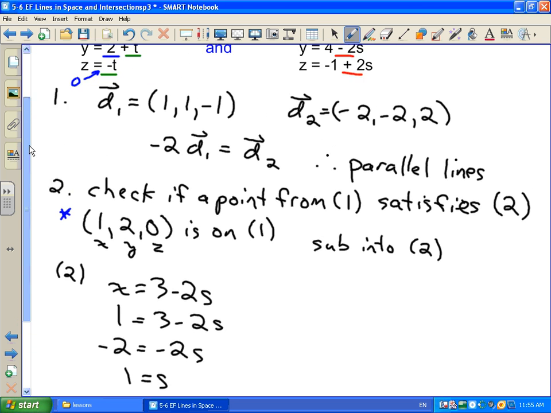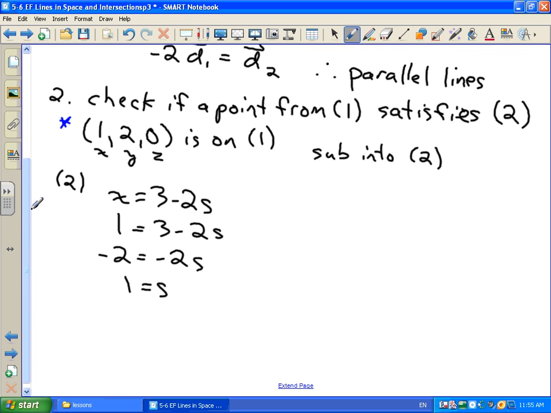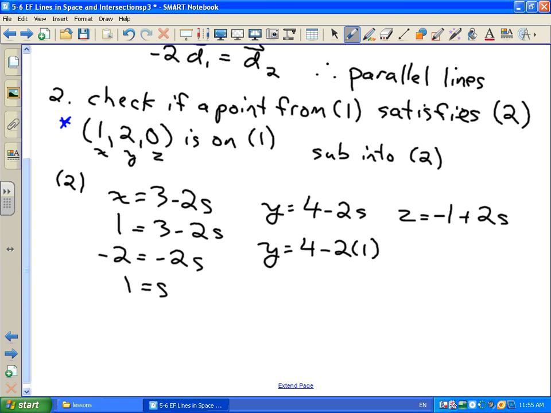So let's check and see if that also works. Our y is, what do we have here? 4 minus 2s. And our z is -1 plus 2s. Let's try that s value in both of these equations. So if s is 1, y is 4 minus 2 times 1, y equals 2.